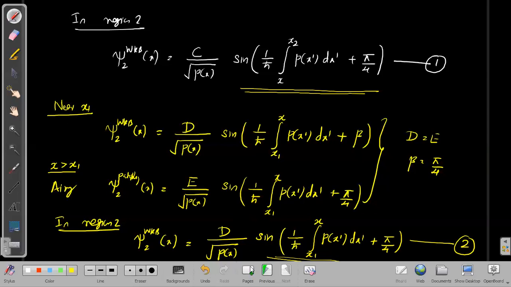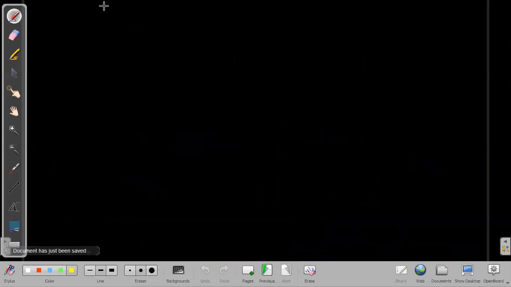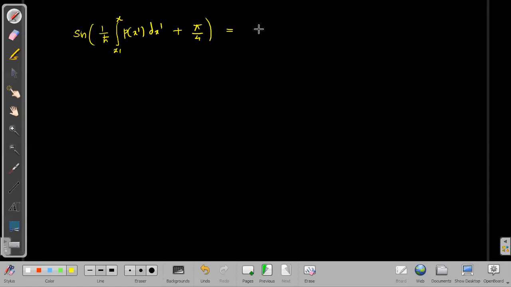So equation number 2 states the sine of 1 by h cross integral x1 to x of p of x prime dx prime plus pi by 4 must be equal to sine of 1 by h cross integral x to x2 of p of x prime dx prime plus pi by 4.